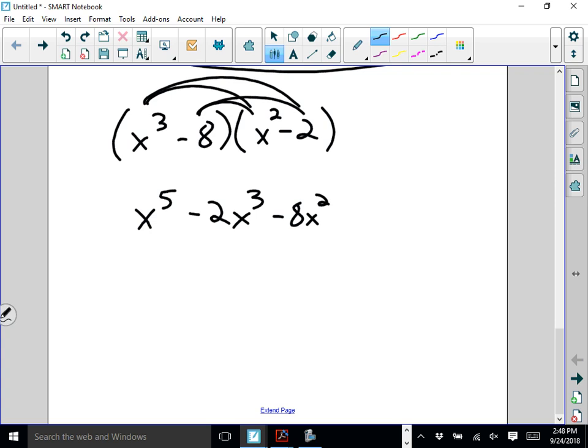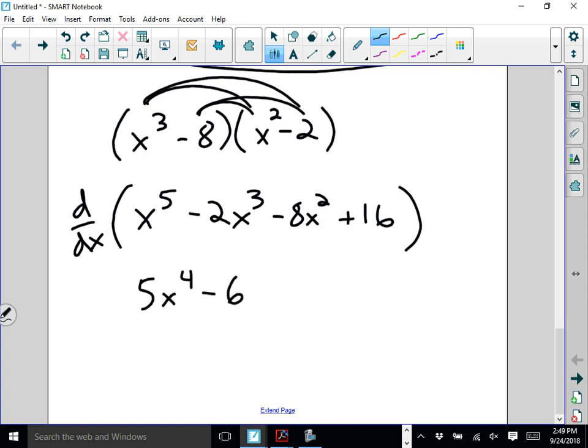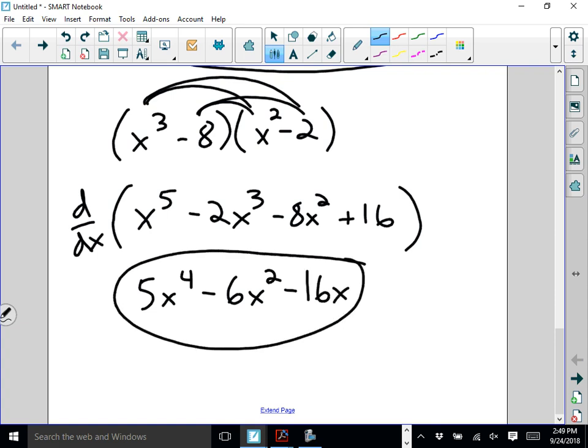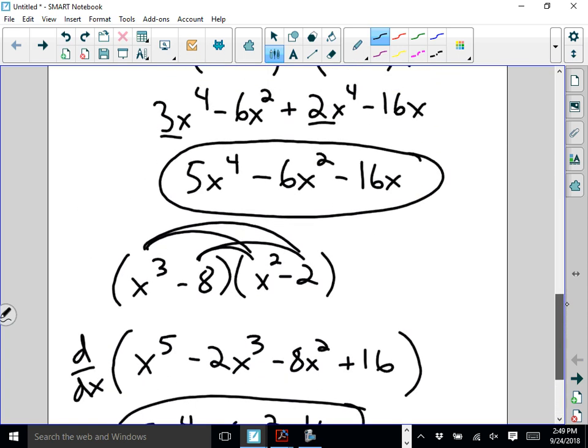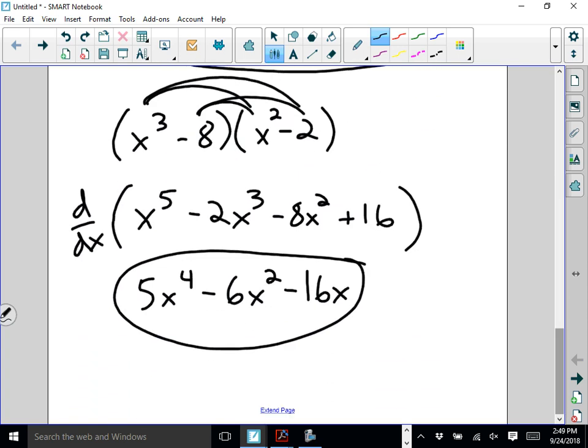So if I do the derivative of this, I no longer need to use the product rule. I can simply go through and do my derivative, and I'll get 5x to the 4th minus 6x squared minus 16x. And I look, do they match? Yep, they do match, therefore I got it. So that one I highlighted because there's another way to do it.